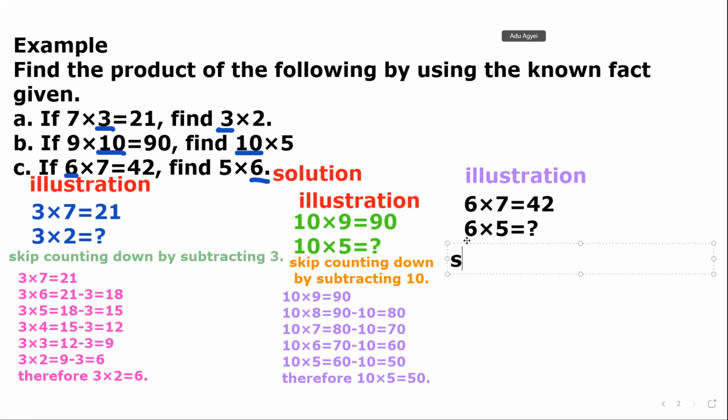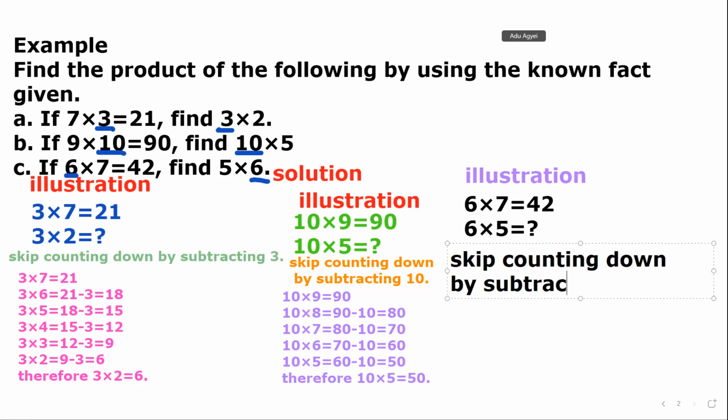Good. And we have the skip counting down by subtracting the multiplier, which is the 6, okay? Good.